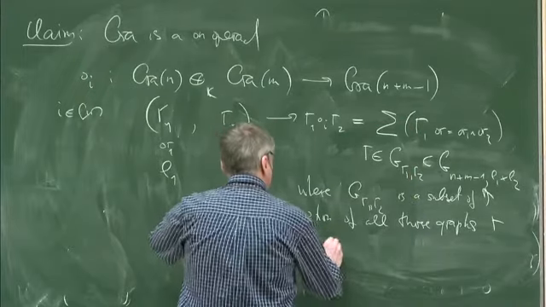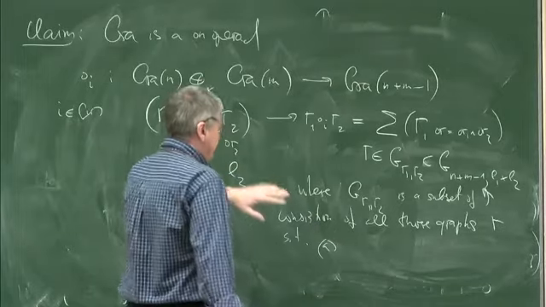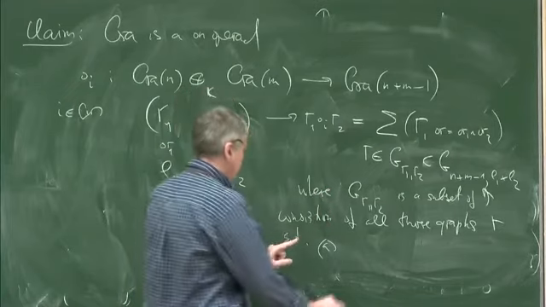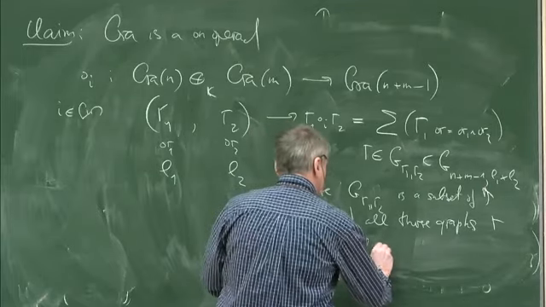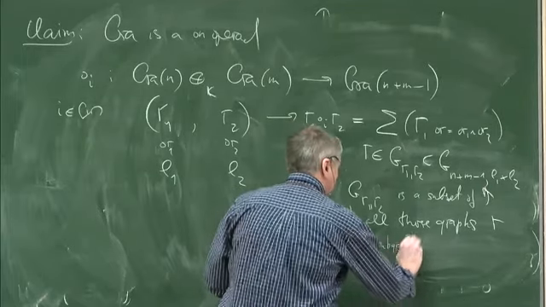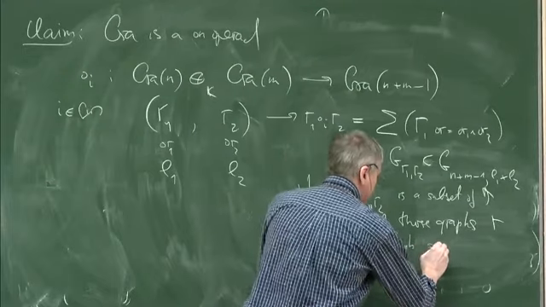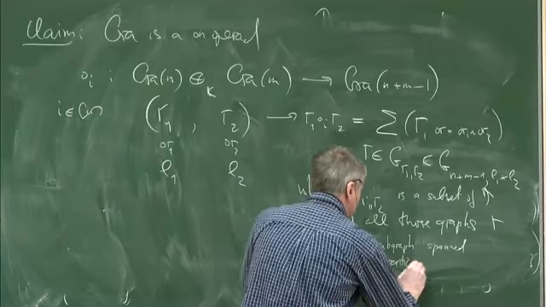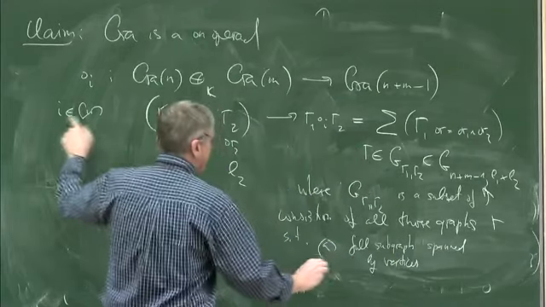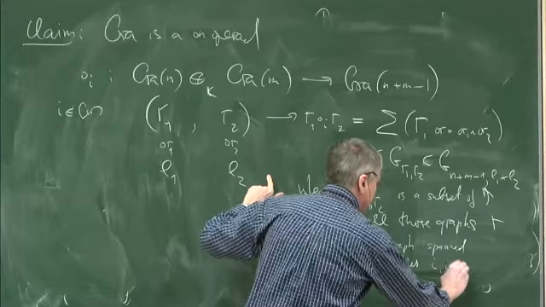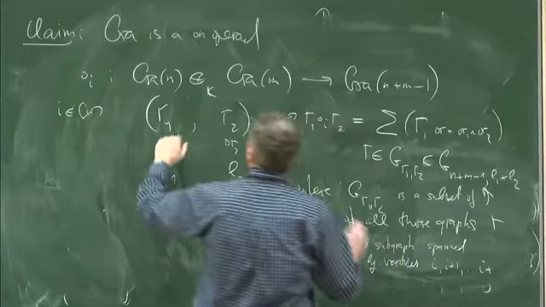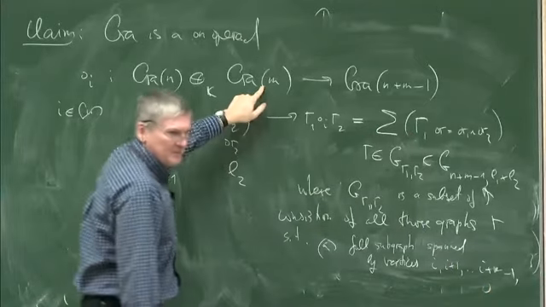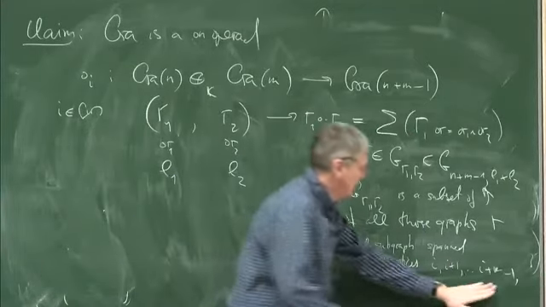Condition A: consider the full subgraph spanned by vertices labeled i, i plus 1, up to i plus m minus 1, m vertices labeled like this.